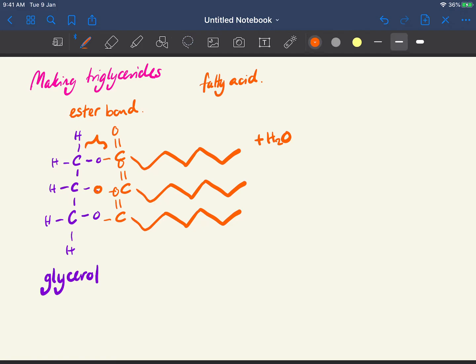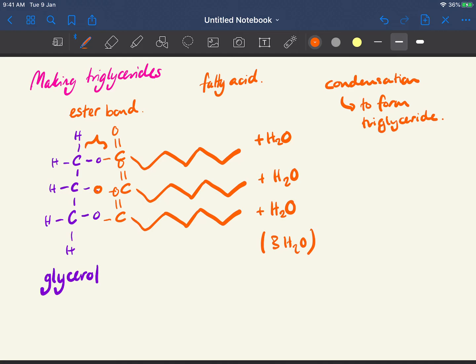And instead of just 1, we end up with 3 H2O molecules. You could just write 3 H2O. And it is as simple as that. Just applying that same idea of losing water, condensation reaction to form a triglyceride.